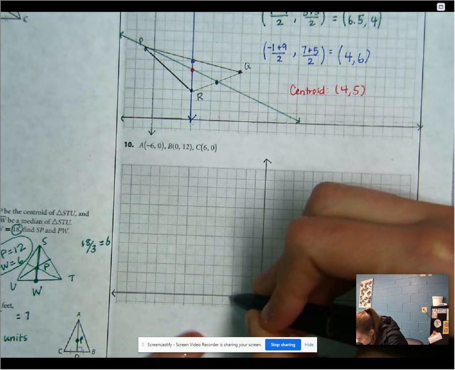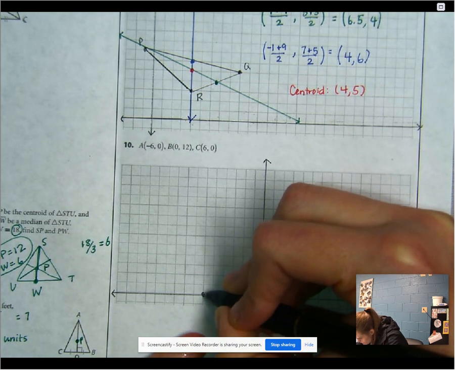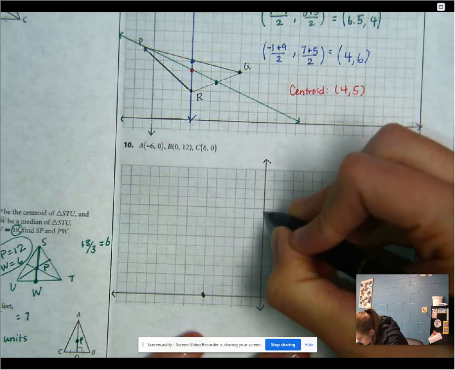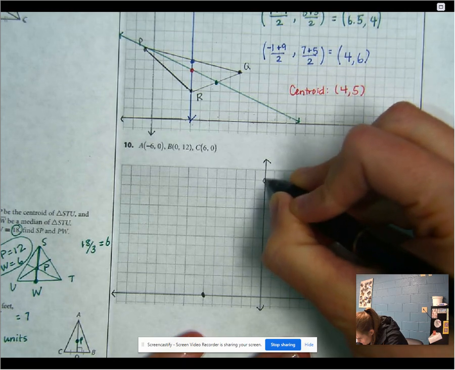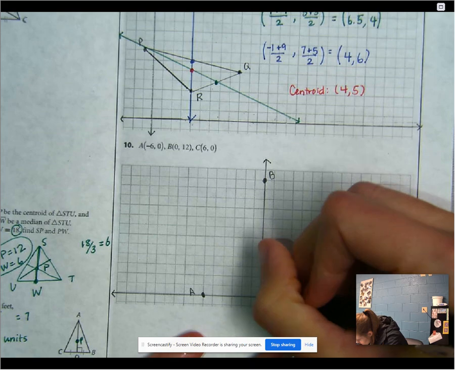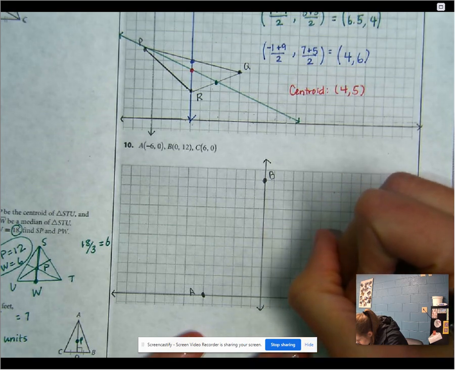A is (-6, 0), B is (0, 12), and C is (6, 0).